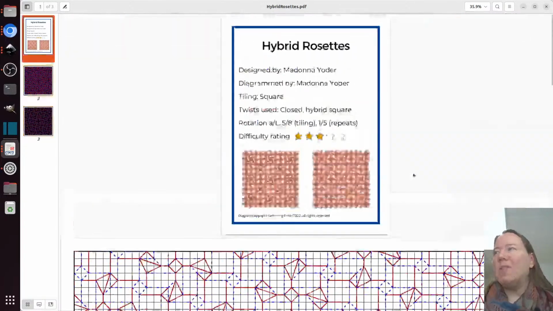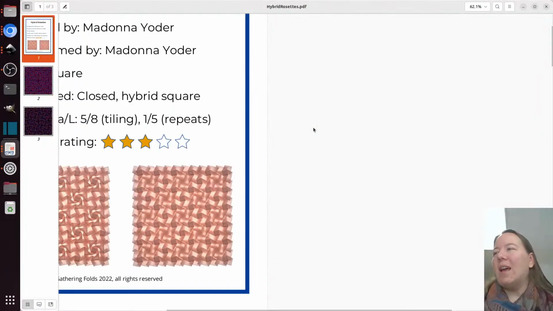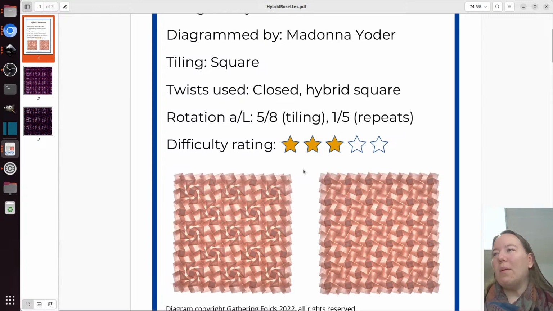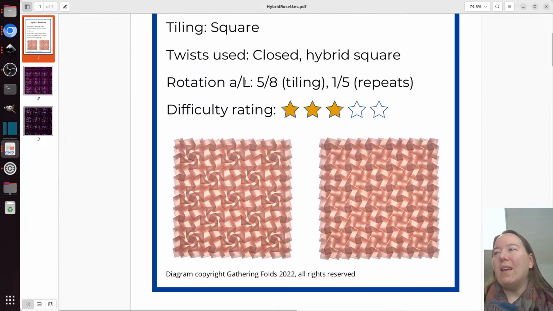So in the first page here, I actually give both options where I say, okay, your rotation A over L, the fraction for starting the grid, is either 5/8 if you want the tiling aligned, or 1/5 if you want the repeats aligned. We have the choice of either.